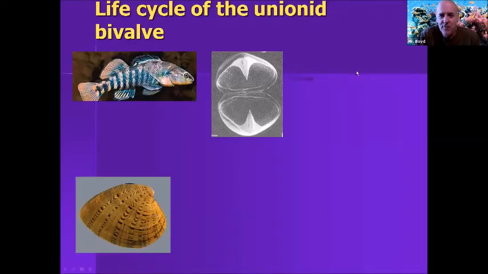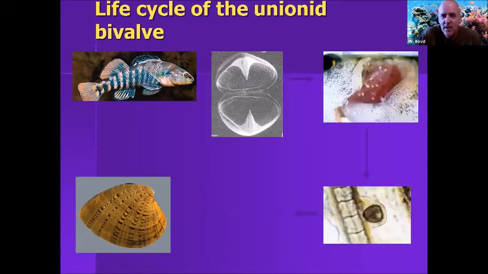So, freshwater clams. This particular type has an amazing adaptation to keep from ending up in the ocean. Basically, the larvae, the baby clams, have these spikes on them, and they latch themselves on to the gills of a fish. Because a baby clam can't swim, but fish can.